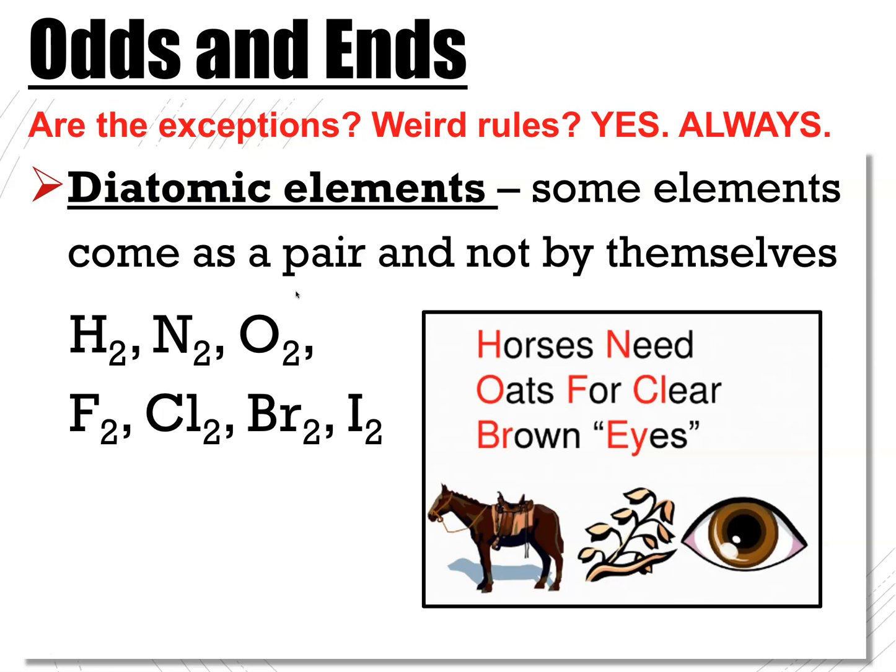They can be bonded to other things, but hydrogen, nitrogen, oxygen, and so forth, exist as diatomic elements. No other elements on the periodic table are diatomic. Only these ones. So again, memorize the mnemonic device. Horses need oats for clear brown eyes.